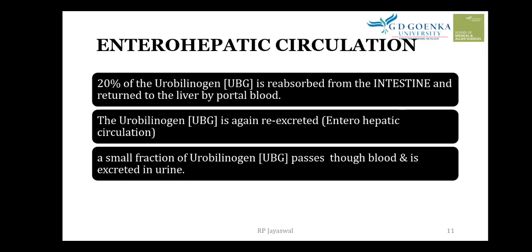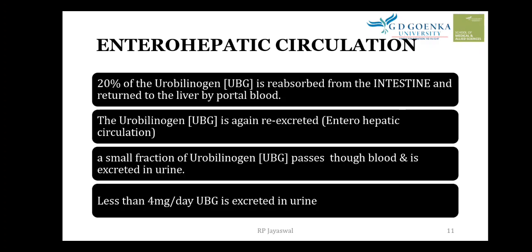But a small fraction of urobilinogen which reaches the liver passes through the blood and can be excreted in the urine. Less than 4 mg per day of urobilinogen is excreted in urine. This is the amount that can be excreted in the urine every day.